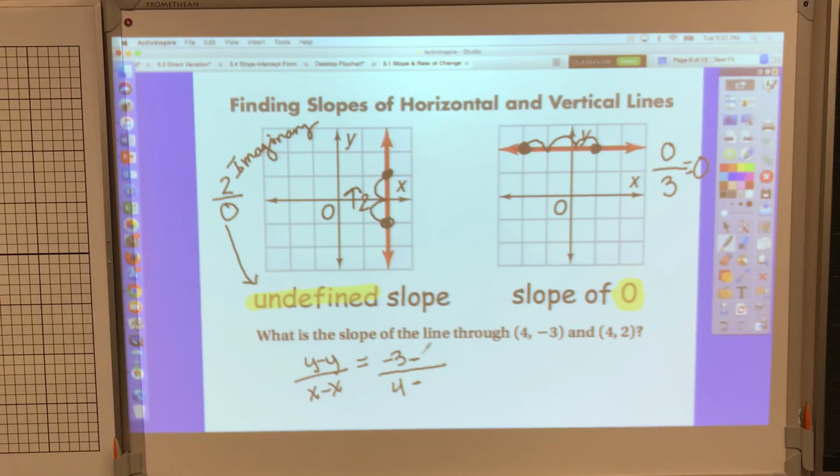Second ordered pair, 2 for y and 4 for x. -3 minus 2 gives me a -5. 4 minus 4 is 0. Okay? So right here, since that 0 is on the bottom, I can tell you this line would be undefined. Final answer for that type of slope.